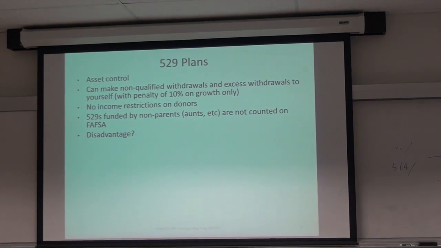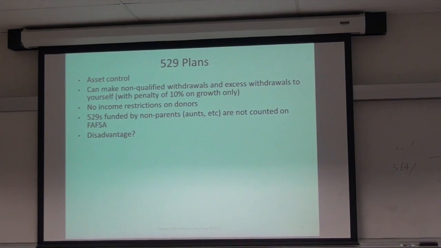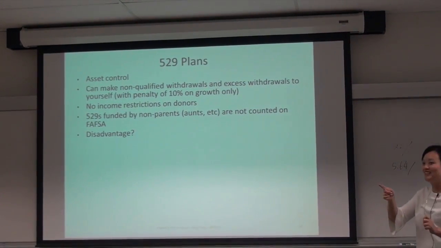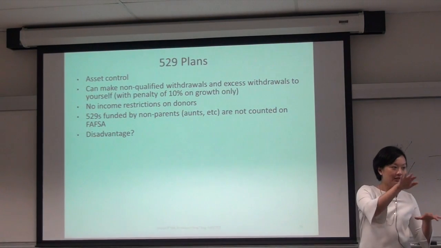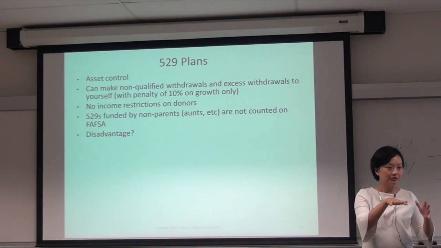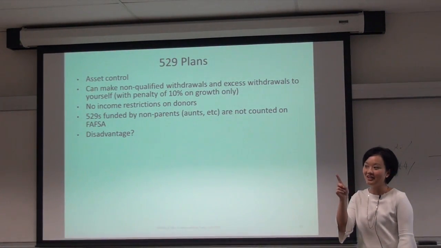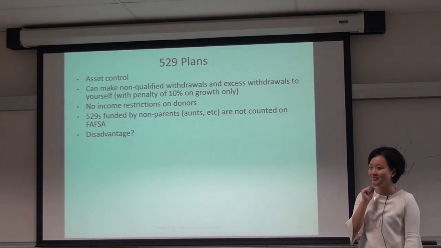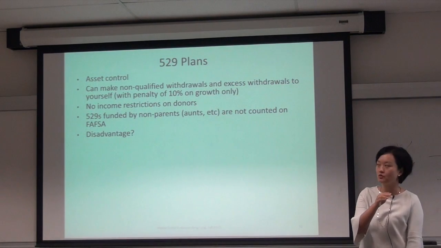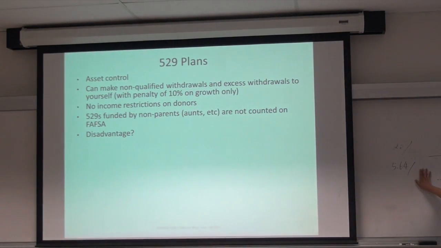So how do we get the parents involved? Actually, grandparents, let me finish, it's not the end. Is that clear, what I described to you, the order? But there is one case where grandparents could help. When you apply for financial aid, a grandparent's account doesn't count as assets, but when you withdraw the money, it's considered the children's income.